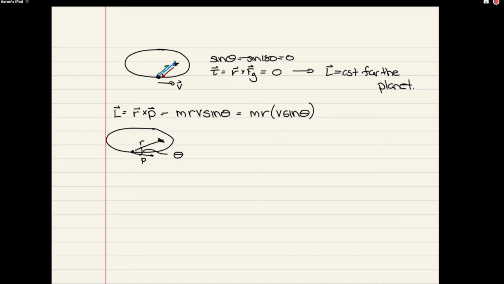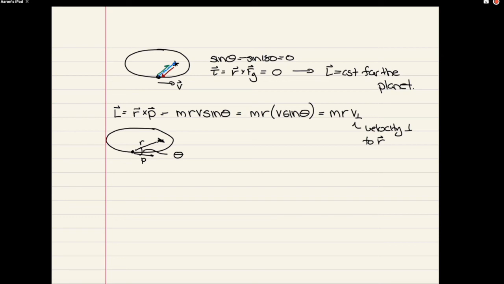So if we look at what v sine theta is in this case, this could be written as just m r v perpendicular, where this is the velocity perpendicular to r. If this were perfectly circular motion, then this would just be the full velocity.